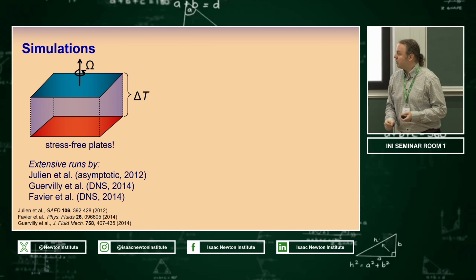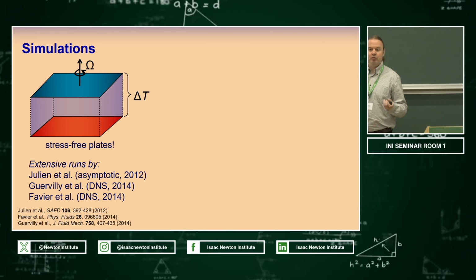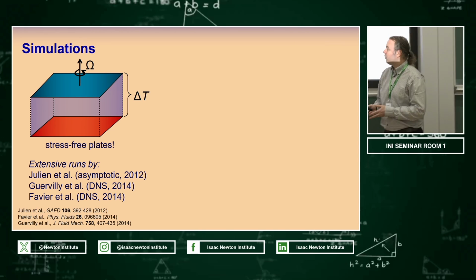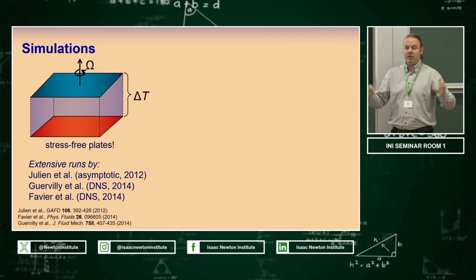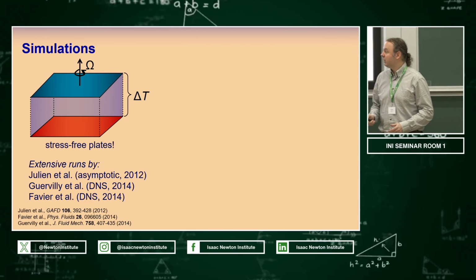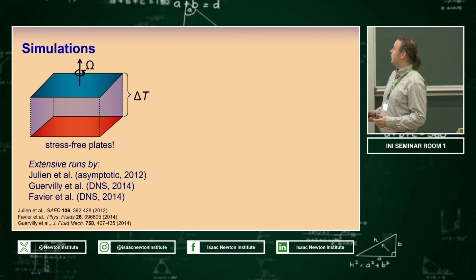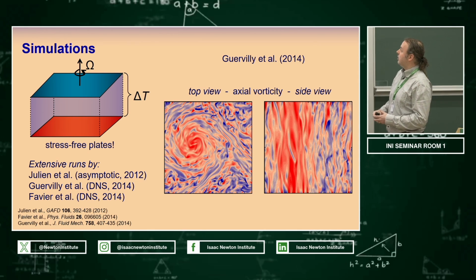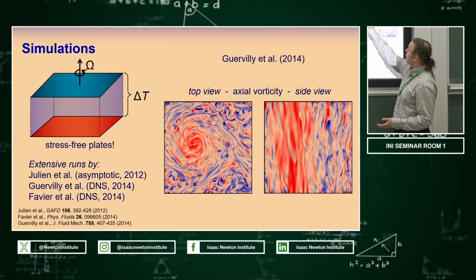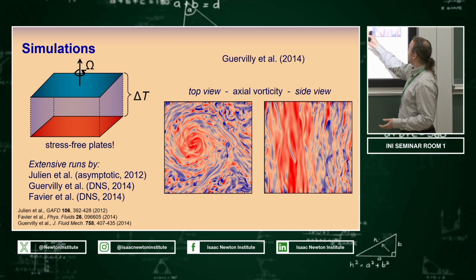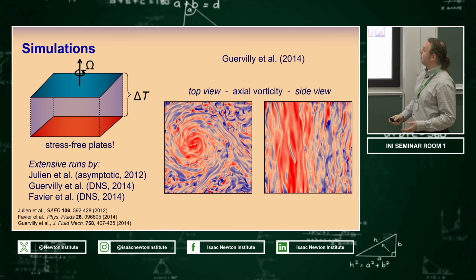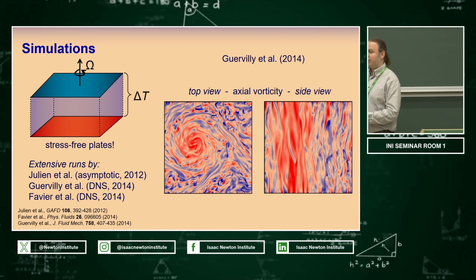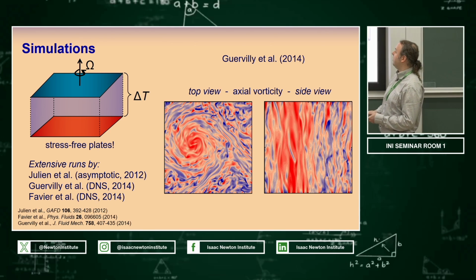The two other papers that I list here do use the full equations, and they have all seen the generation of these large-scale vortices. Just to give an idea of how these look in these systems, this is taken from the paper by Céline Guervilly, and this is a horizontal and a vertical cross-section through the domain, showing the vertical component of vorticity.